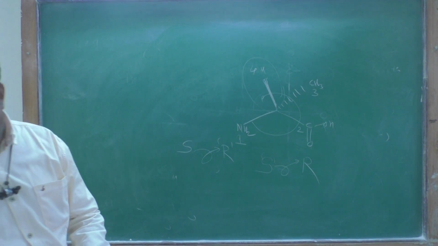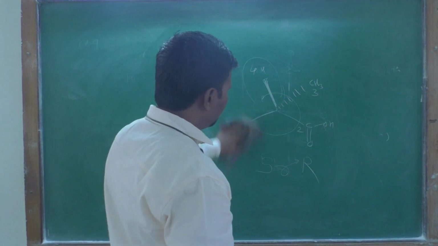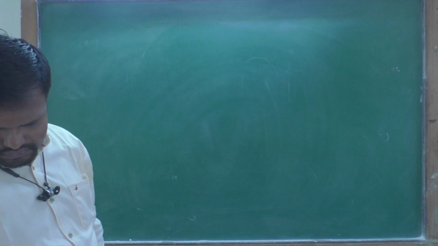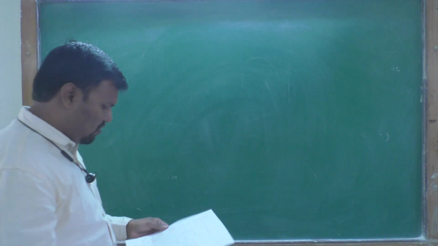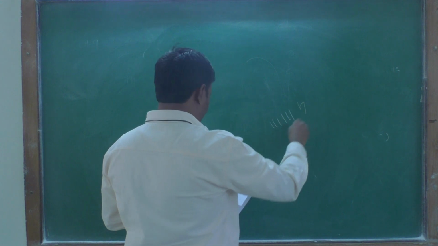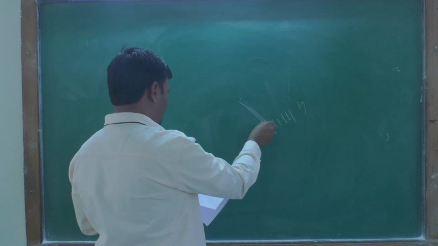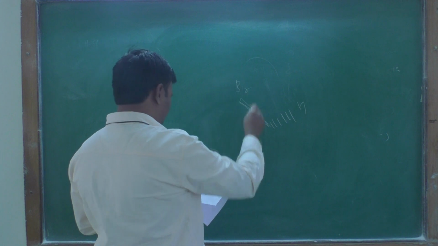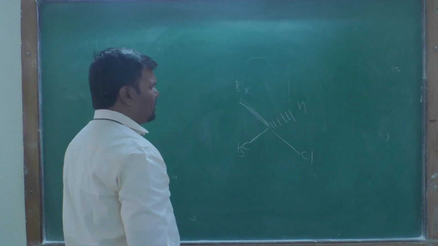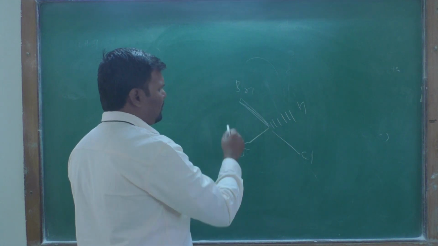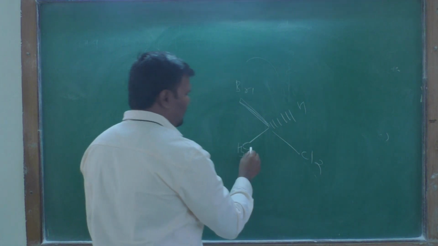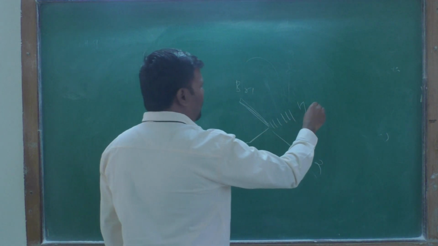Then another example, a simple example, with a flying wedge formula. In this case, number one is bromine, obviously because its atomic number is 35, then chlorine is 17, carbon is 6, hydrogen is 1.